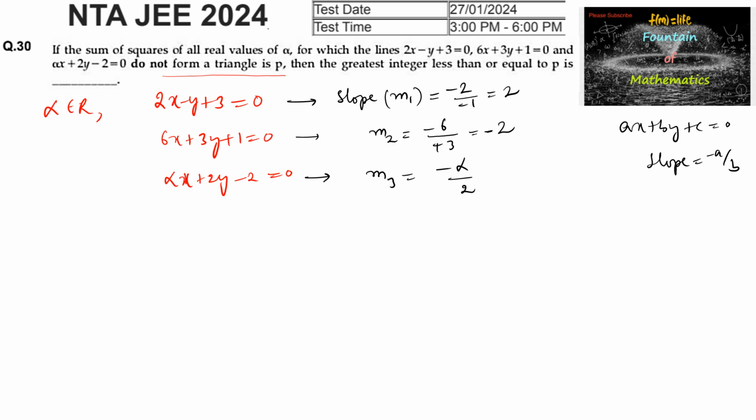And for not forming a triangle, we have two possible cases.